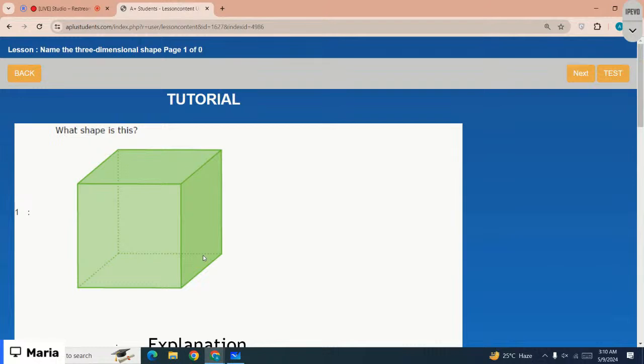That is a cube. That is a six-sided shape. All sides look like a square. So that is a six-sided shape. That is a cube. The correct option is cube, right?